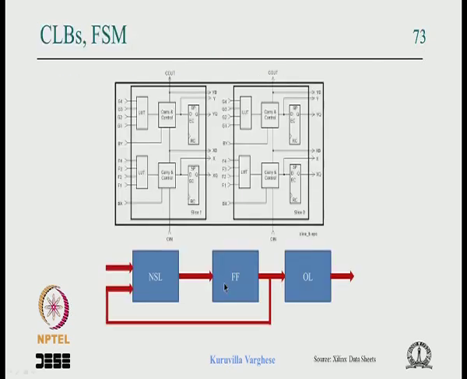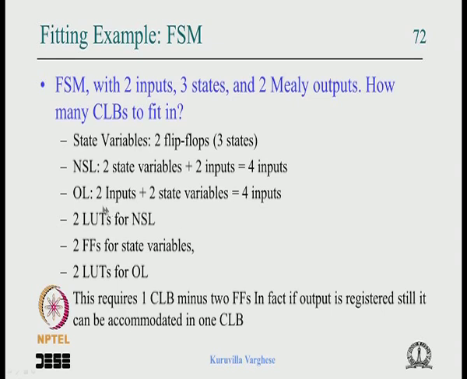So that is shown here, that is you have output logic with 2 inputs because we said 2 inputs, and 2 state variables because there are 3 states and Q1 and Q0. So you require a 4-input lookup table for an output, but we have 2 outputs, so you need 2 4-input lookup tables. So we need 2 lookup tables for next-state logic, 2 flip flops for state variables, and 2 lookup tables for output logic.